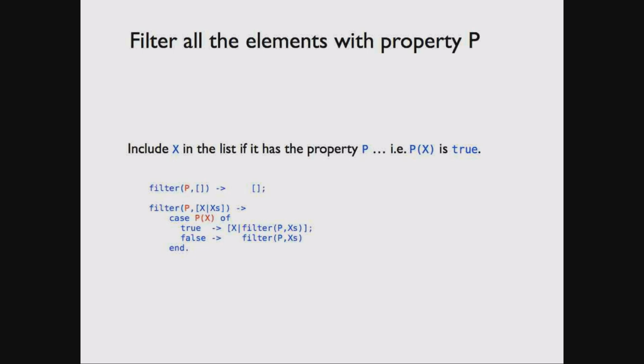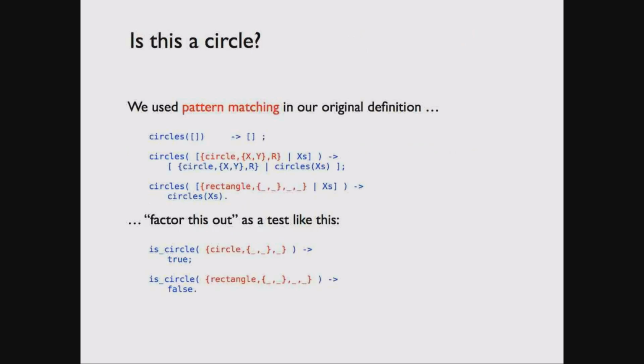So again, you see that pattern that was there in our definition of circles, but it was mixed up with the particular pattern match. So how can we recover our definition of circles using filter? Well, the answer is we can factor out that test into a function isCircle, which I've done here.